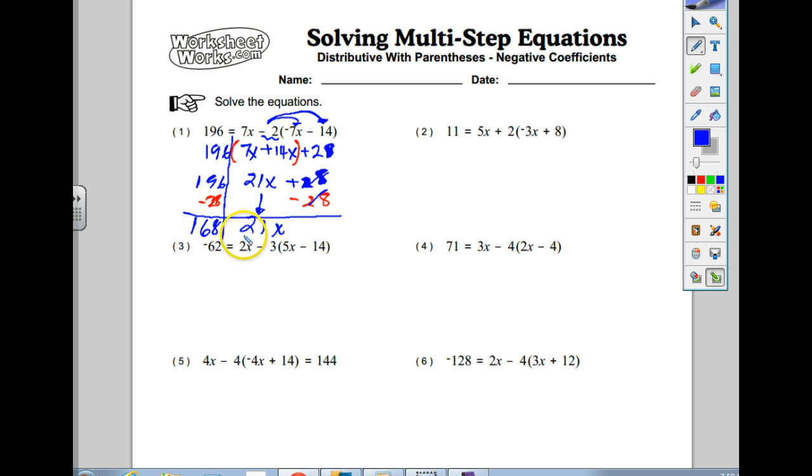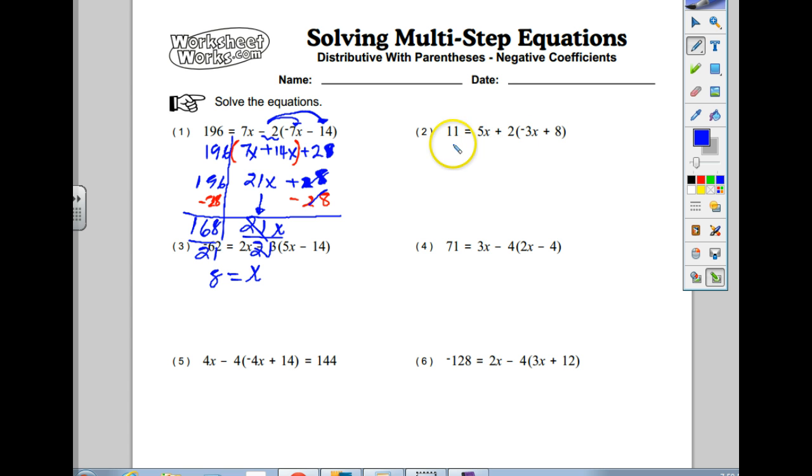And from here we divide both sides by 21. I'm dividing by 21 because this is 21 times x. So again, the inverse of the multiplication will be to divide. And 168 divided by 21 is 8, so 8 is equal to x. And that is how we do number 1.